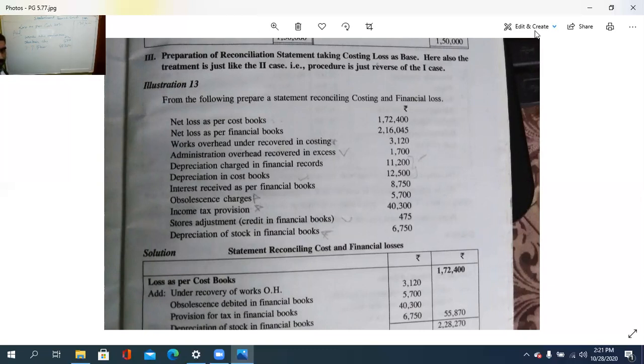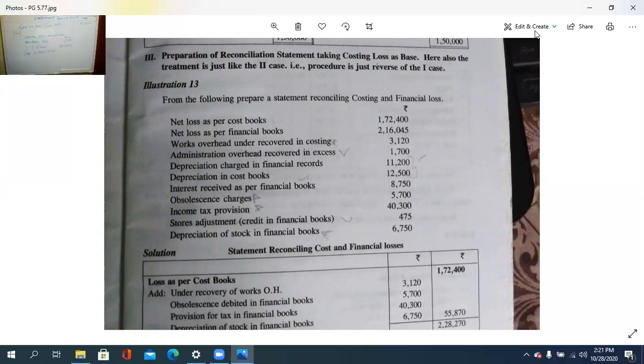And depreciation of stock in financial books. For profit as per cost books, items are deducted, but for loss as per cost books, items are added.